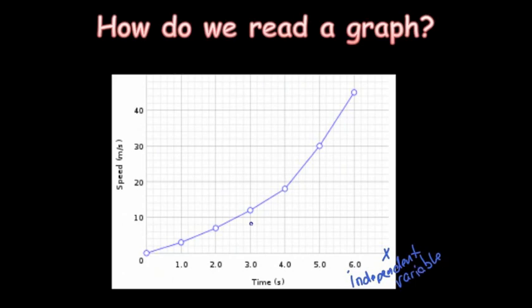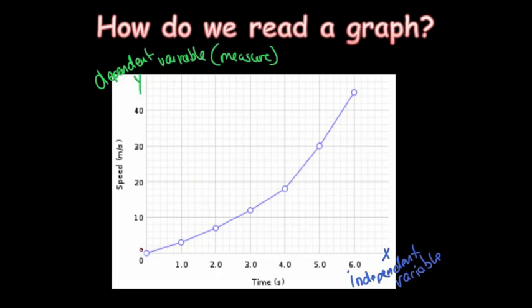On the y-axis, or the vertical axis, we put the dependent variable. Meaning, the dependent variable is the one we measure. We measure the effects of the independent variable on the dependent variable.